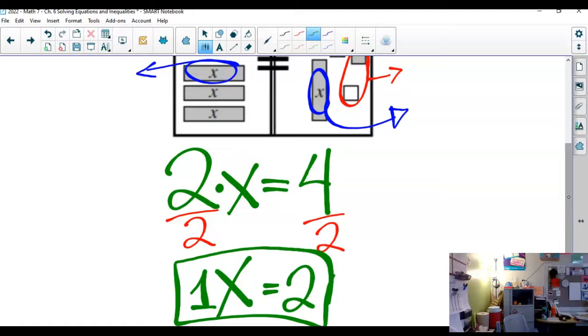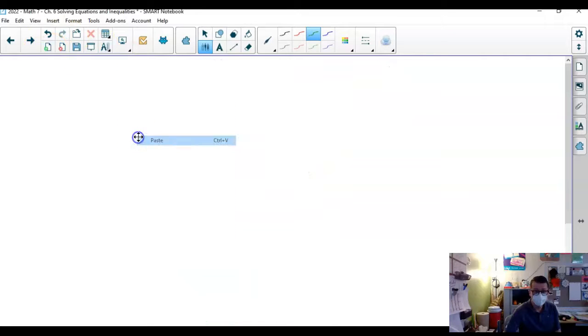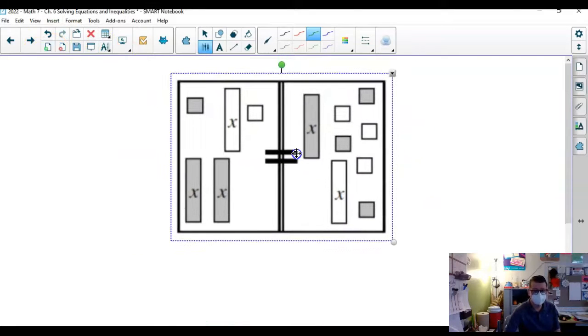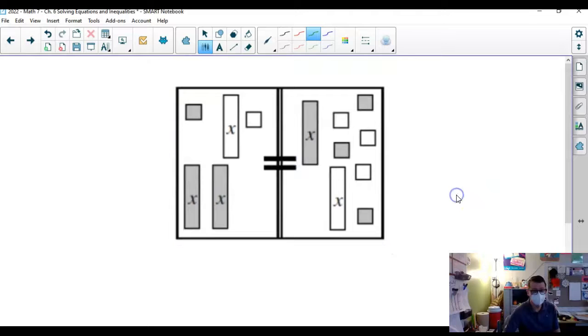What did you figure out x is? Interesting. So they tell us that we're equal.